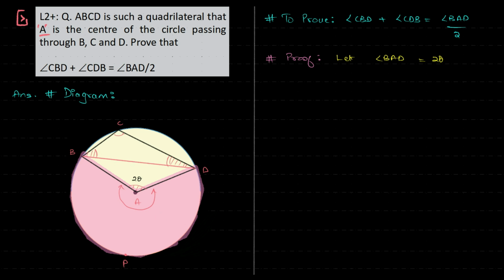Understood? So first thing is, we have to find the reflex angle of BAD. How will we do that? It's quite simple. BAD plus the reflex of BAD will be equal to what? 360 degrees. Is it not? Right? This is because of angles around a point.